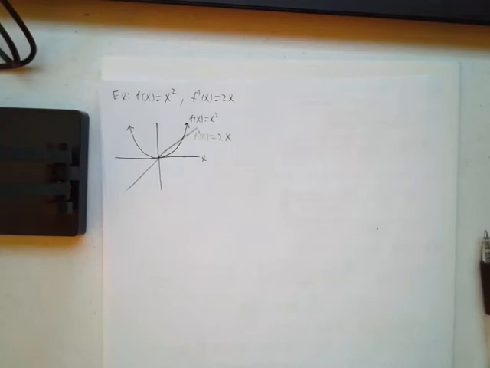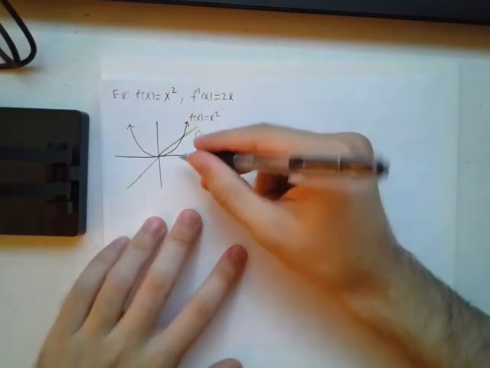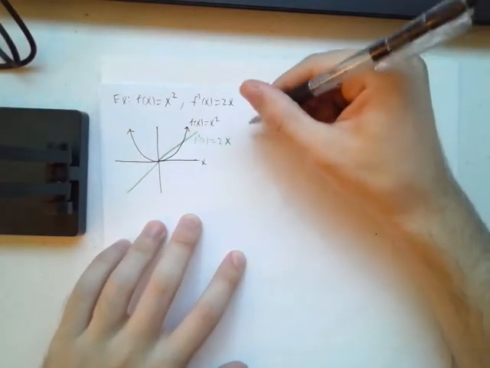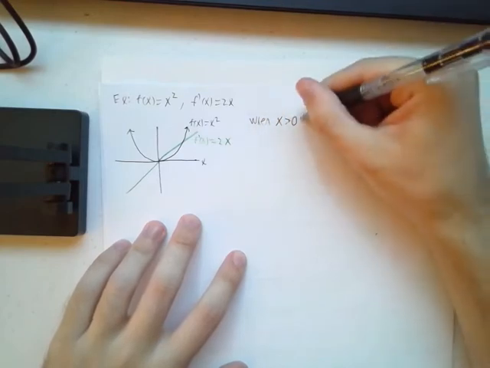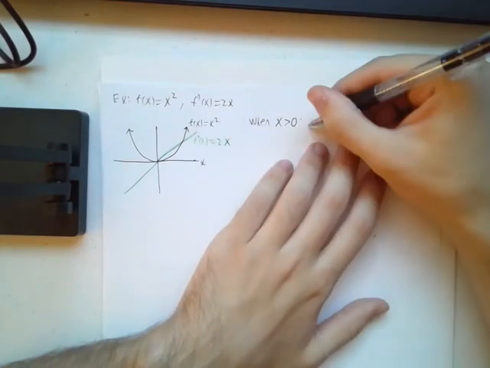And now I'd like to examine some things about the relationship between the graph of the original function and the graph of the derivative. So let's first look at when x is greater than 0. So f prime of x is equal to 2x.